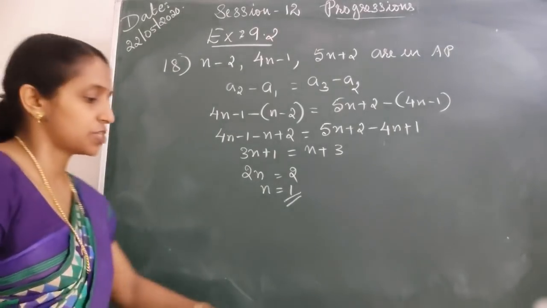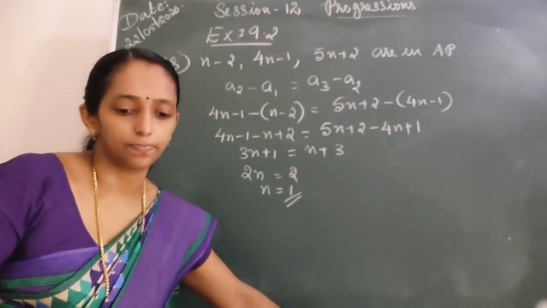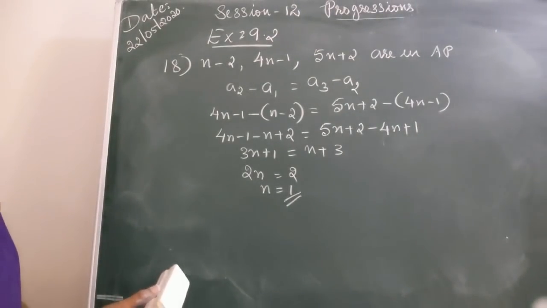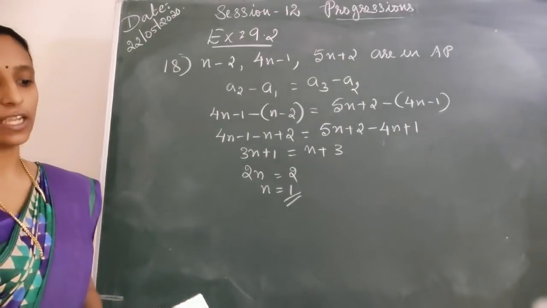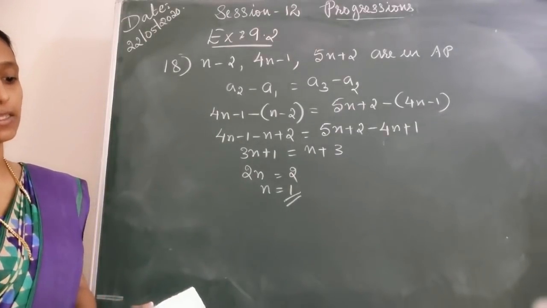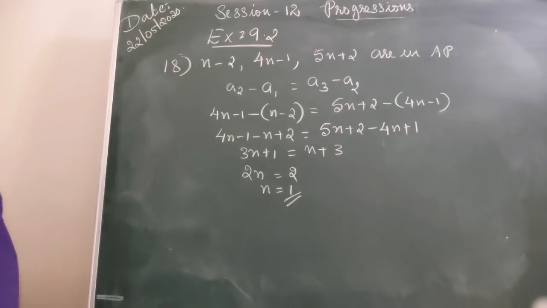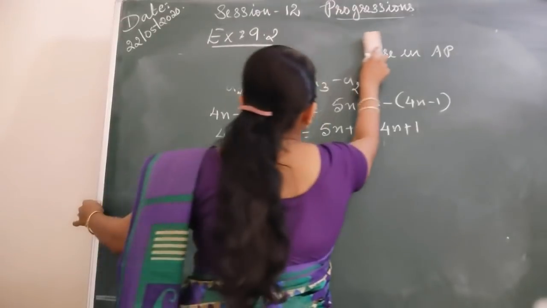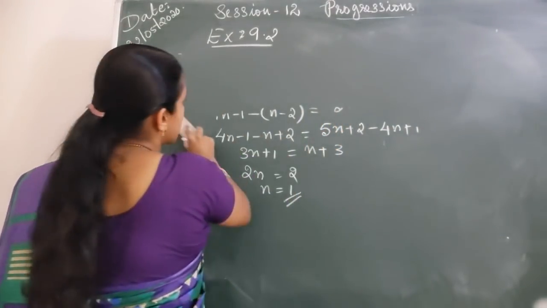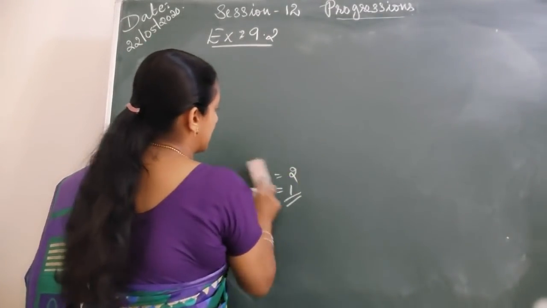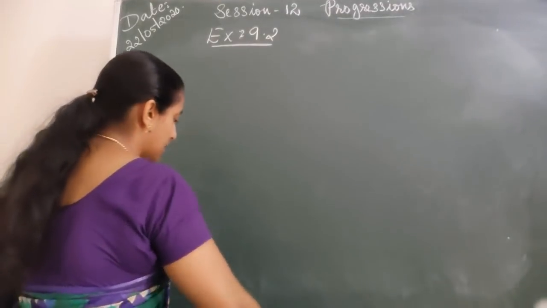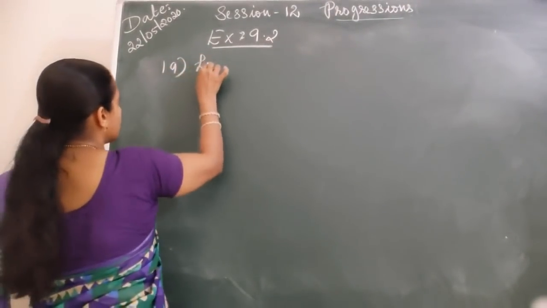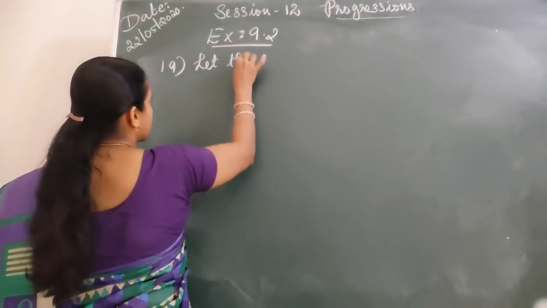Question number 19, that's important. The sum of three numbers in AP is 3. When that type of question comes, take the three numbers in a way that makes it easy. The easiest method is to assume the three numbers.